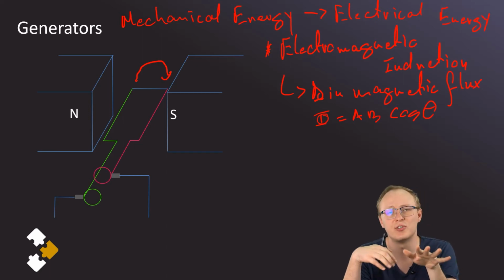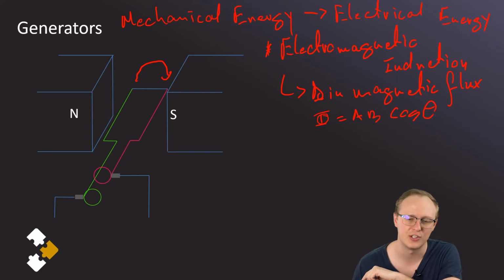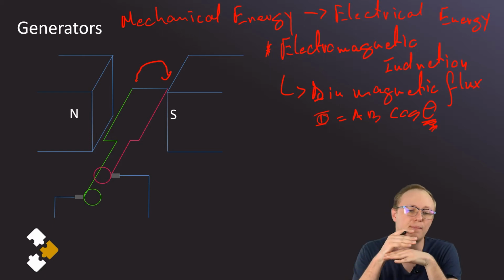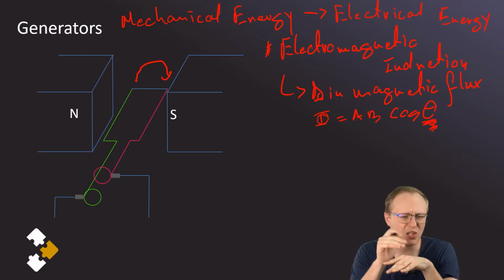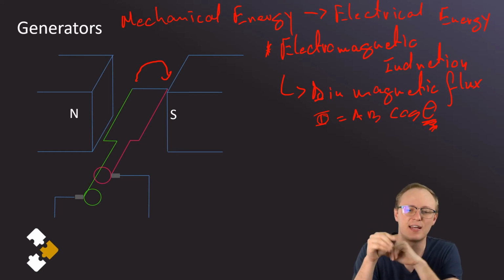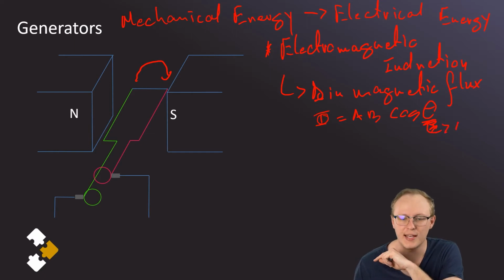Now, since you're not going to do a calculation on this, you don't have to actually remember exactly what the calculation is or what the relationship is, but this theta here, the angle between the normal to the plane of the coil and the field lines, is going to be changing when we rotate something. So by changing this theta, we're going to be changing the flux.